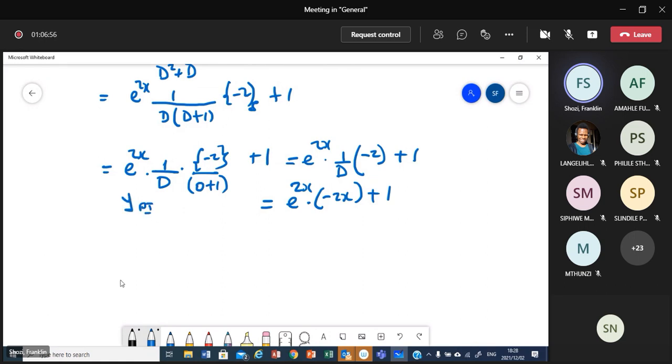So therefore, the general solution is y is equal to YCF plus YPI. What was YCF?